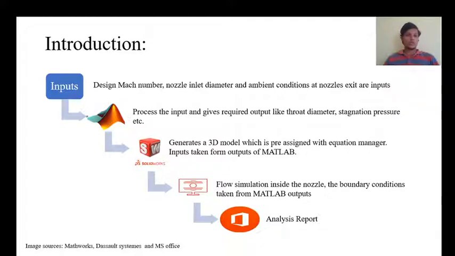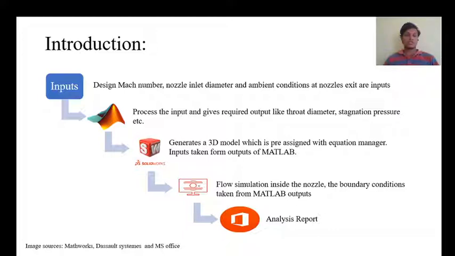Geometrical parameters are used in the SolidWorks CAD model, and the boundary conditions that are given as output by the MATLAB are used in the flow simulation window, and then the report will be generated based upon these results.